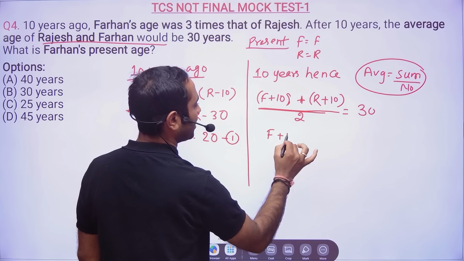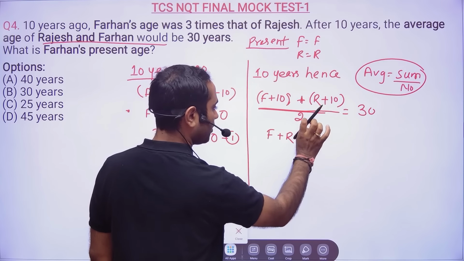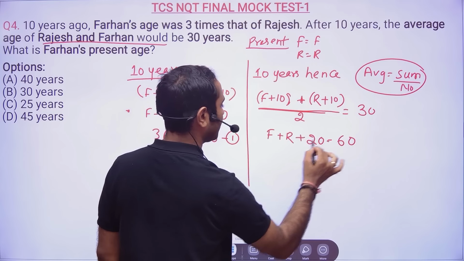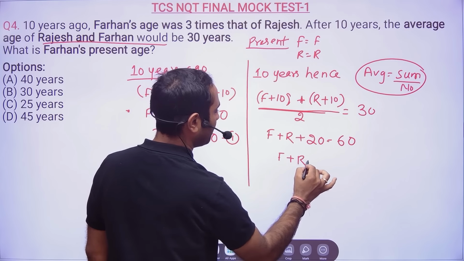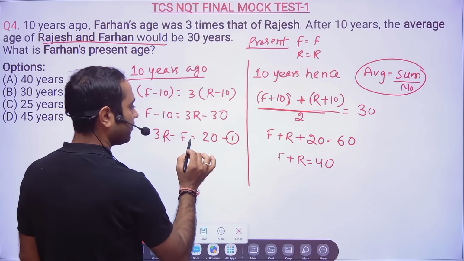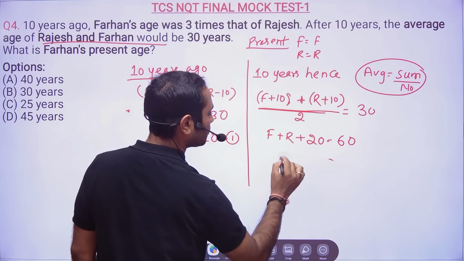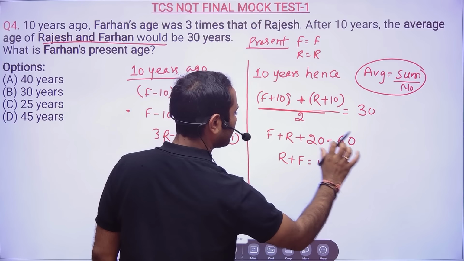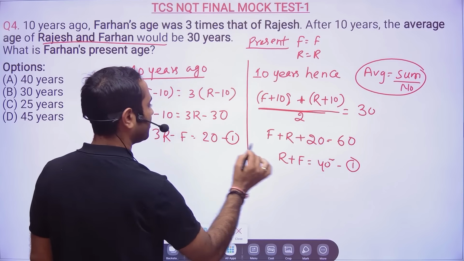So F plus R, 10 plus 10 is 20, and 30 into 2 will be 60. So F plus R will be 40. You can also write R plus F equal to 40, so that my equation matches easily.